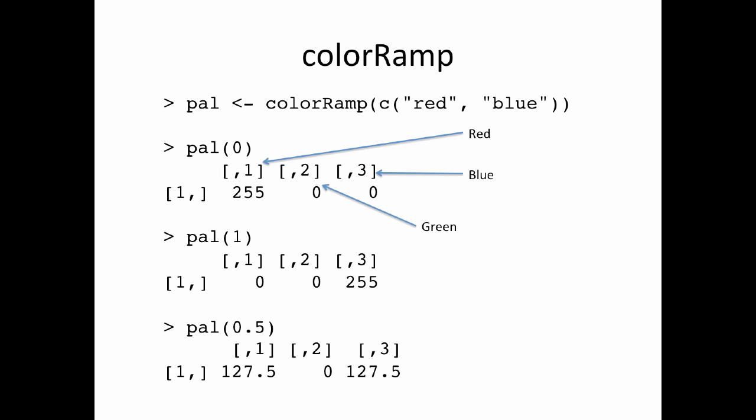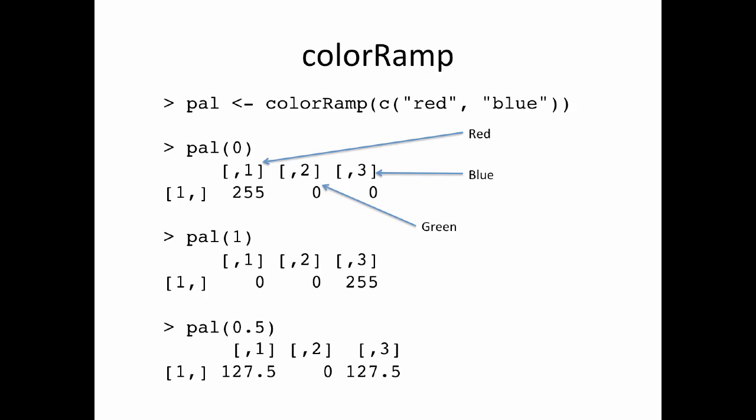The numbers that you can specify go between 0 and 255, so there's 256 total numbers that you can specify for each color. And so when the argument is 0, basically what it gives me back is red, because that's one end of the color spectrum that I've specified in my palette, the other end being blue, of course. I've got the maximum value for red, 0 for green, and 0 for blue. So that color is red.